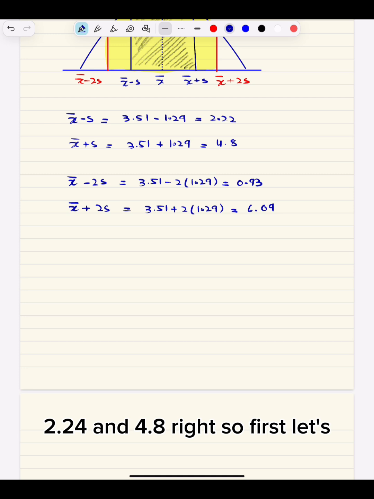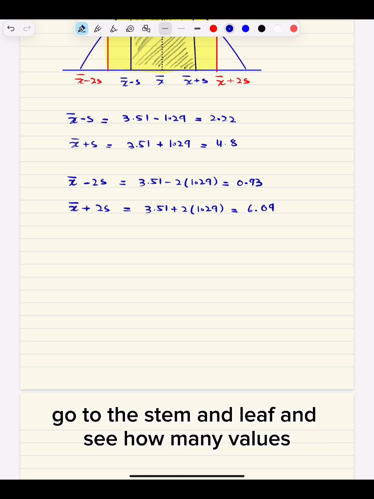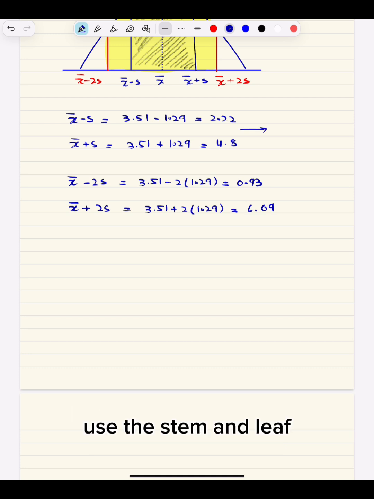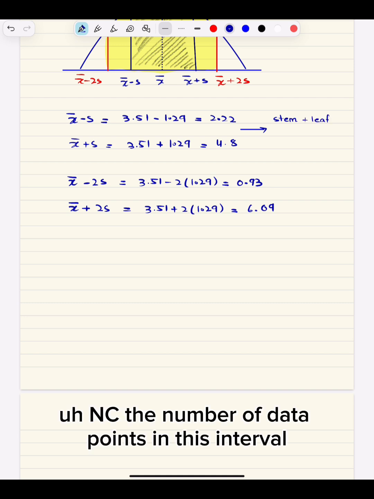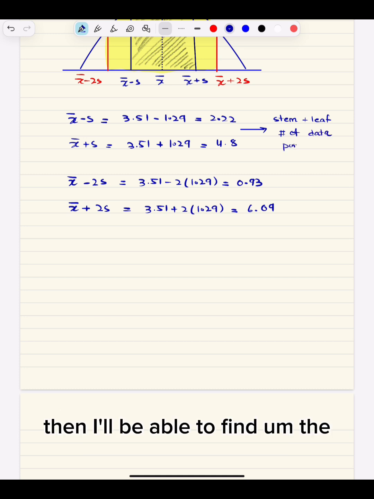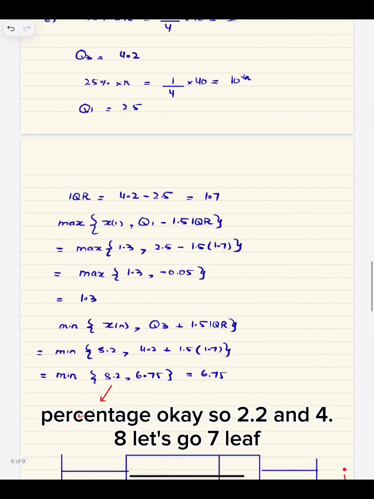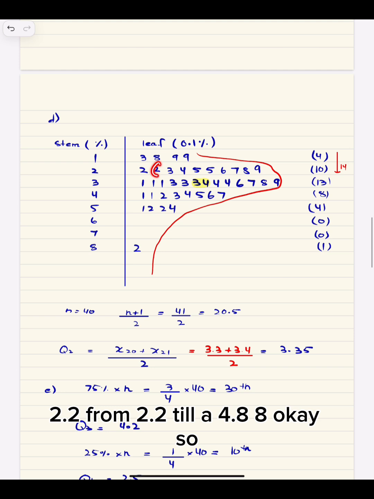First let's go to the stem and leaf and see how many values lie in this interval. Then we can find the percentage. Okay, so 2.2 and 4.8, let's go. Stem and leaf, from 2.2 till 4.8.